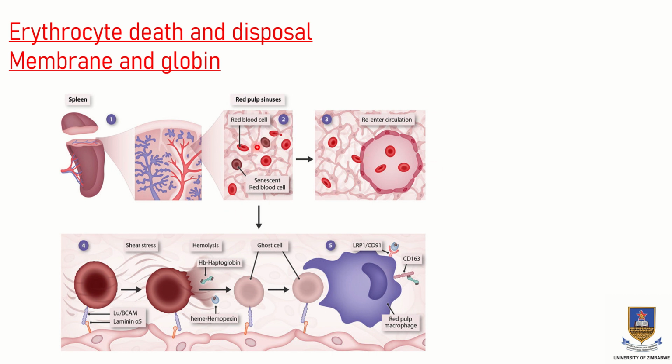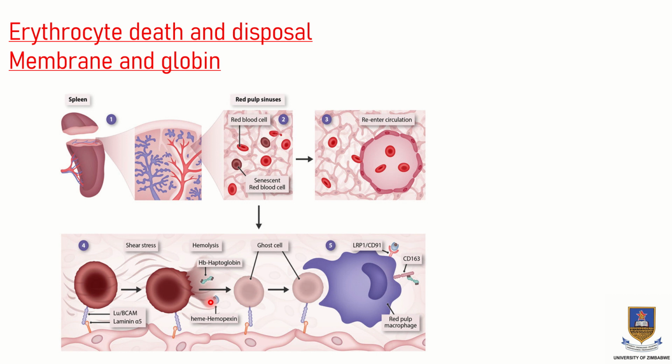they get trapped, as they are no longer able to easily squeeze through these sinuses. When they get trapped, they get attached by a binding protein called laminin A5, and this laminin A5 attaches to the old red blood cell.